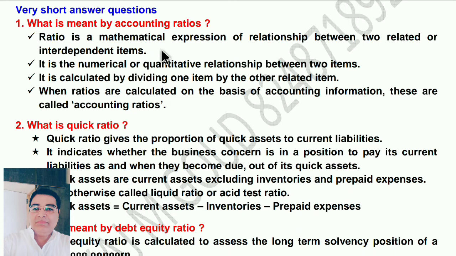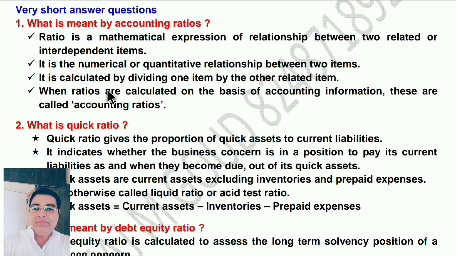Ratio is a mathematical expression of relationship between two related or interdependent items. It is a numerical or quantitative relationship between two items.